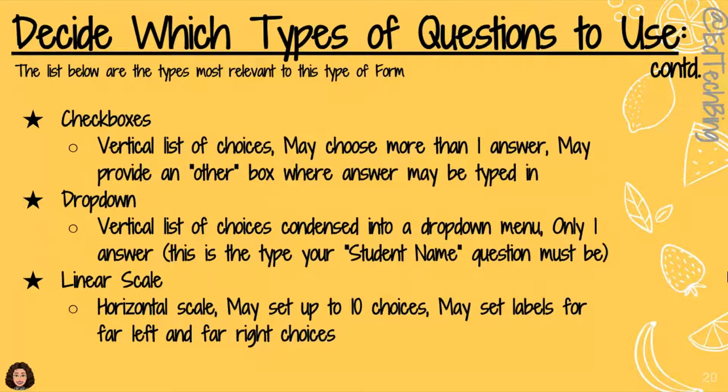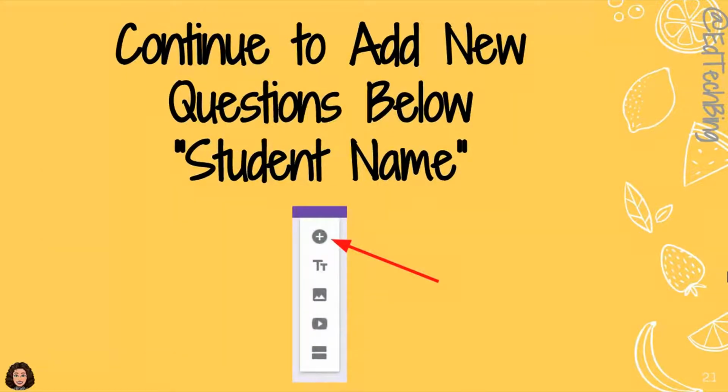A linear scale question is a horizontal scale where you may set up to 10 choices on the scale. For these ratings, you may set labels for the far left and far right choices, so the responder knows which end to choose. Now you may continue to add new questions below student name.